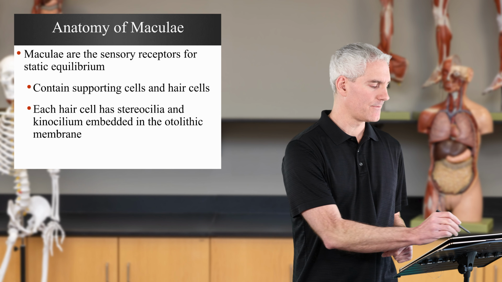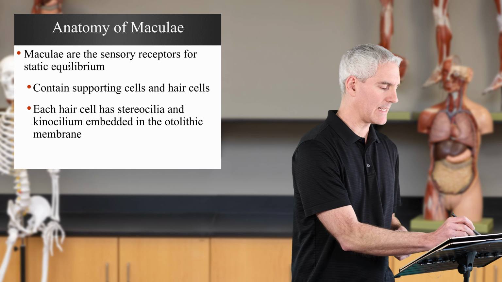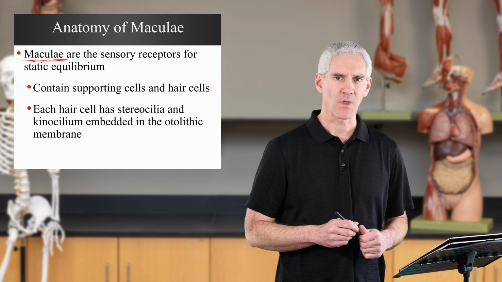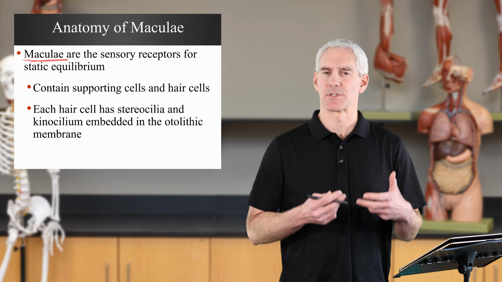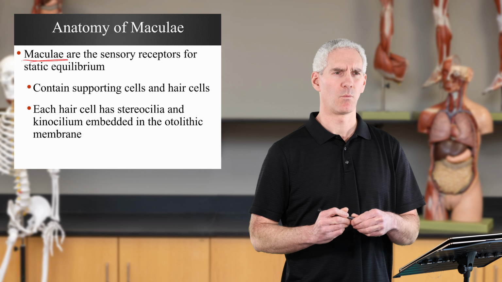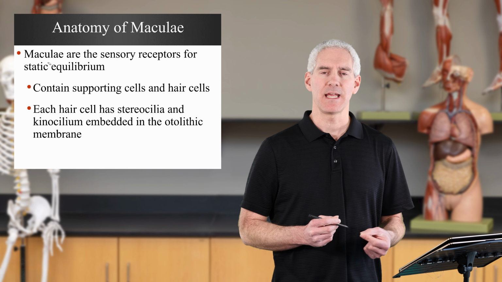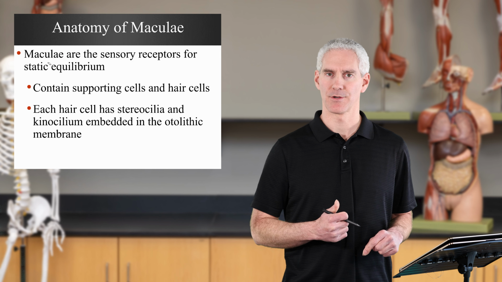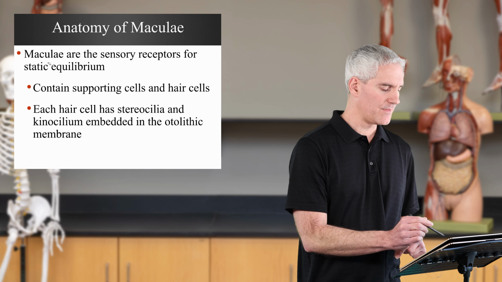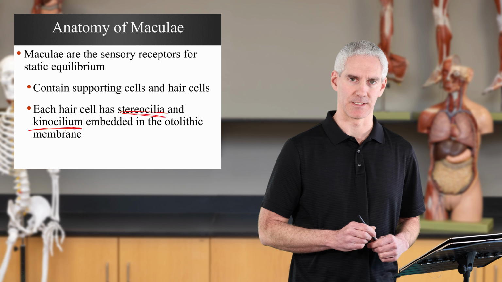Now, inside of this static equilibrium, the receptors, we have what's referred to as the maculae. Now, these are the sensory receptors, what basically receive the external stimuli. You're saying, well, what's the stimuli? How does this work? They're containing different supporting cells and hair cells. Now, these hair cells are stereocilia and kinocilium.